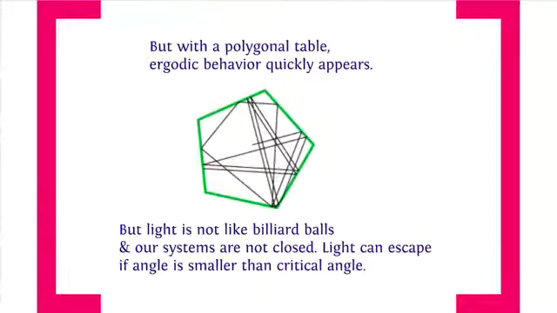The other thing is that systems are not closed, because light can escape because of the critical angle. This we will come to in a second. If you ignore the reflector, the reason light is trapped has to do with the critical angle. Only what's beyond the critical angle will get reflected back into the film.